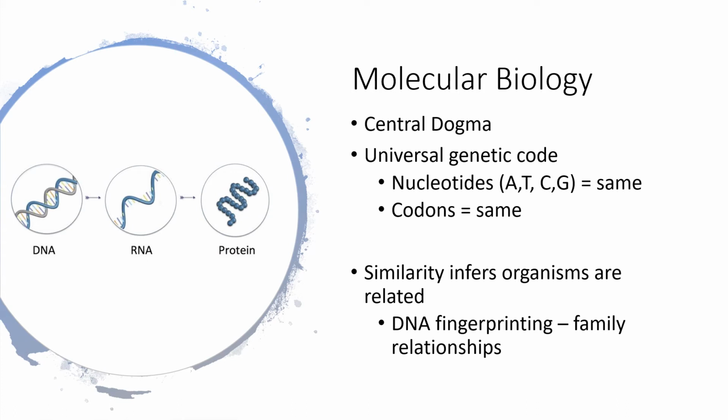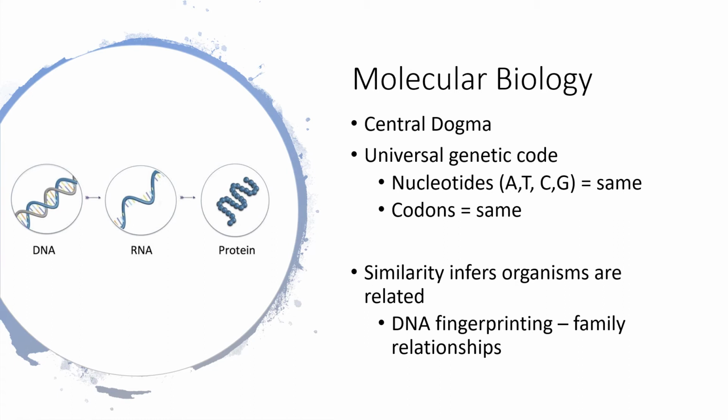So studying molecular biology, we're looking at gene structures and even chromosomal structures. We're looking at sequences of DNA, how that information is made into a protein. So we're also looking at proteins and comparing those structures. So we can see a lot of similarity between species based on their DNA sequence or their genetic makeup.